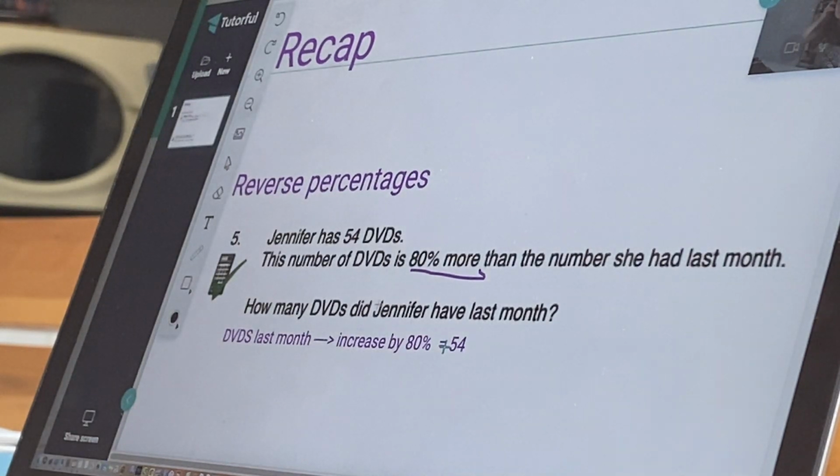So just 20%? 20% is 54? No. We have to find 20% of 54.